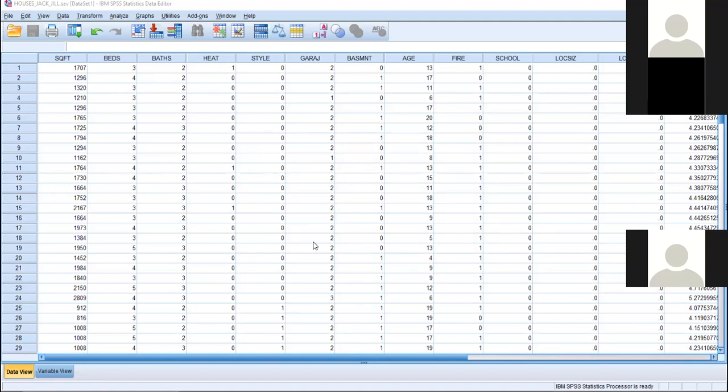And so, what is the average size of living space? I'm going to highlight that. I will copy it, and I will post it into MS Word.